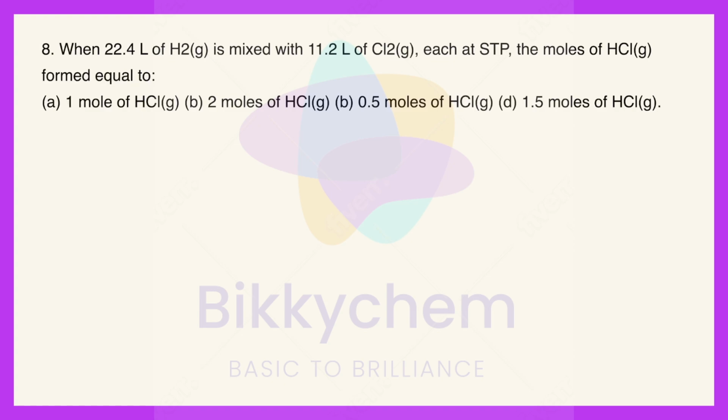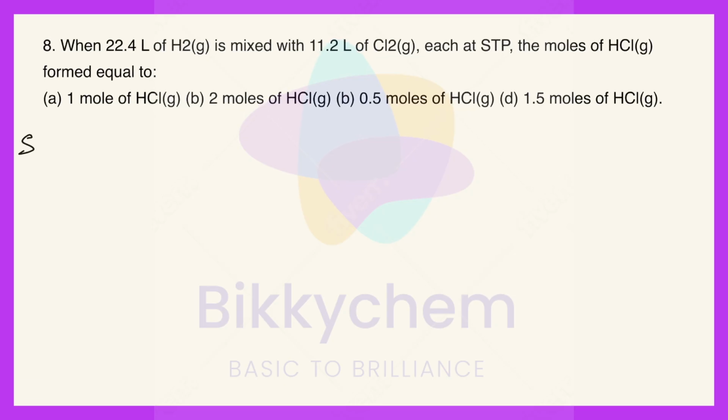Okay, dear student, let's see the next question. When 22.4 liters of H2 is mixed with 11.2 liter of Cl2 each at STP, the moles of HCl formed equal to? So here the reaction is H2 plus Cl2 giving 2 HCl.